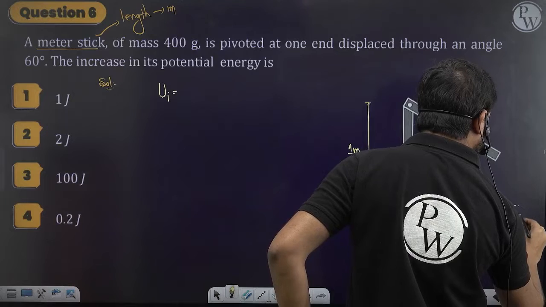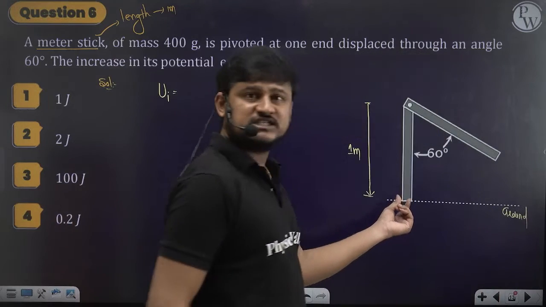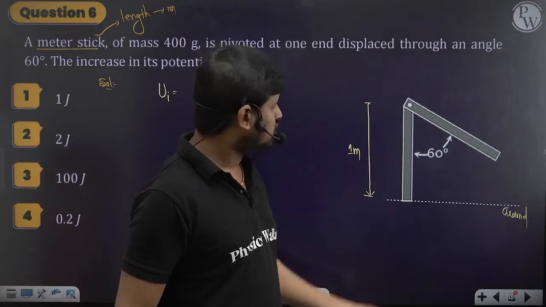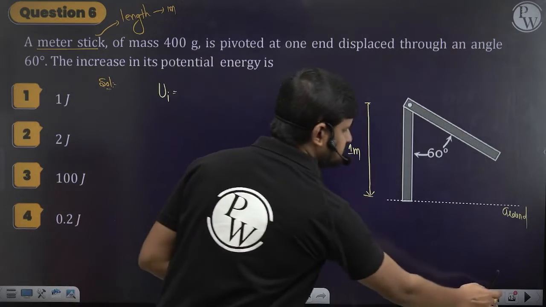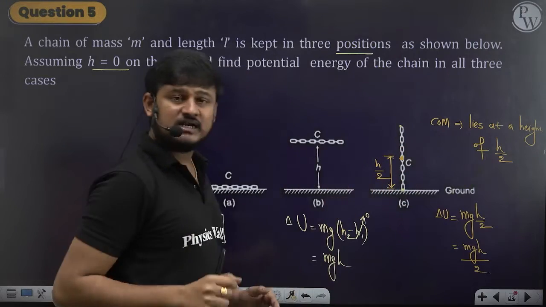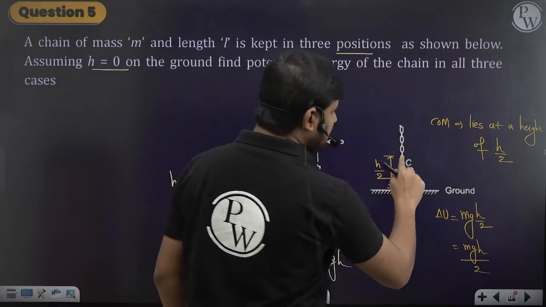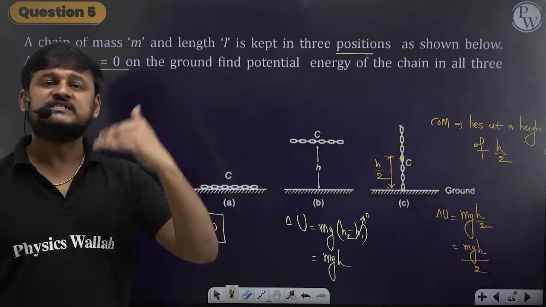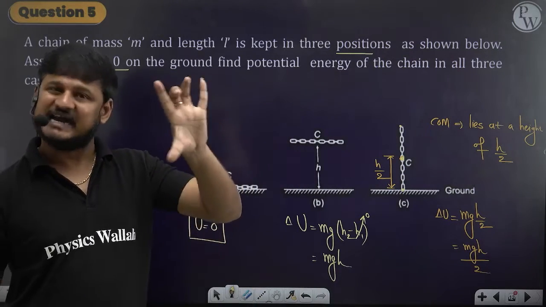Now some part is touching the ground and some part is at a height h, or 1 meter. Same in this case, some part is touching the ground and some part is at height h. So what is the total height we should consider? Wherever its center of mass lies, that is its actual height.